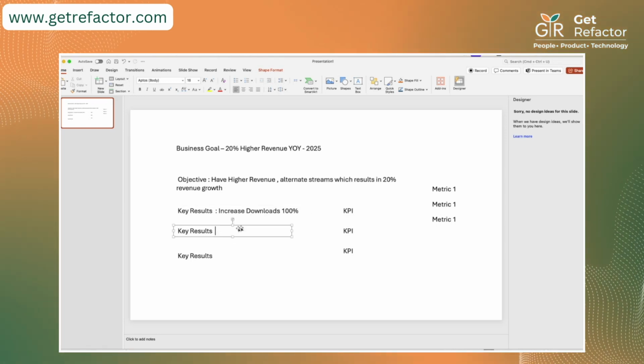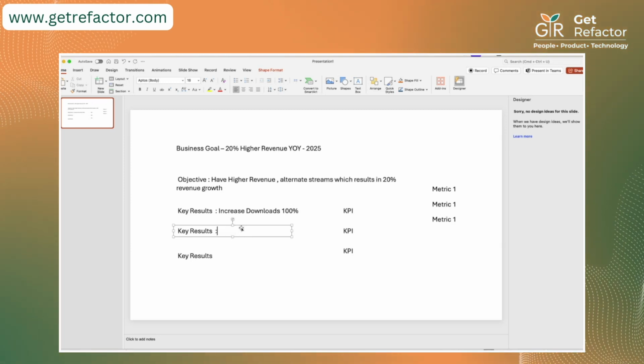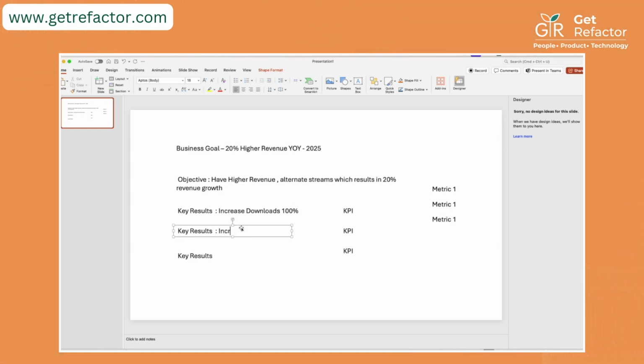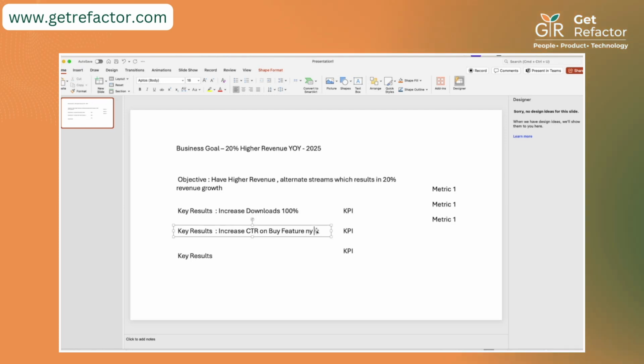And increase CTR, click-through ratio, on the feature, suppose by 30% or something like that.